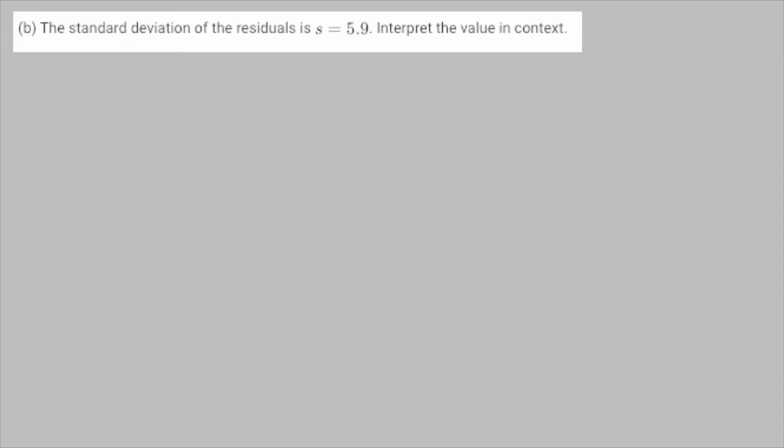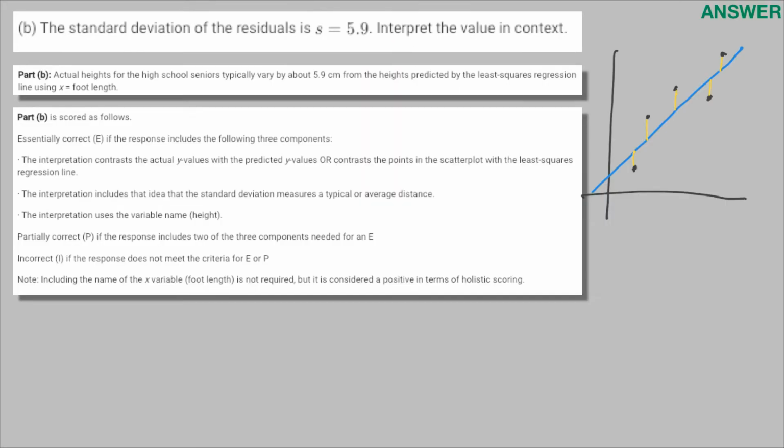Part B is interpreting a single number from the regression output. The standard deviation of the residuals is s equals 5.9. Interpret it. Again, knowing what a residual is will help answer this question. Residual is the difference between the actual y value and the predicted y value, and you go in a straight vertical line. So for each input, a data value has a residual value.